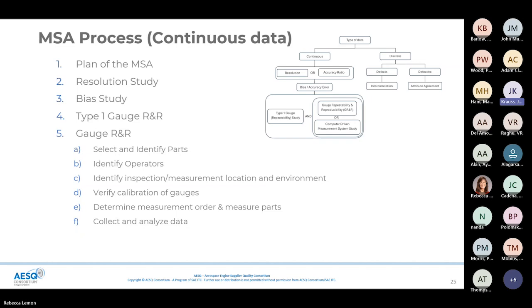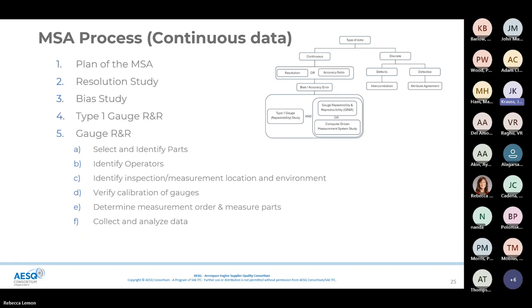So this next section is going to be going over the continuous data MSA process. As you can see in the figure that Anna talked about earlier, we're going down the left side of the figure.